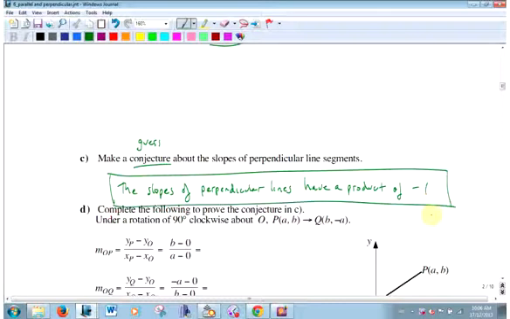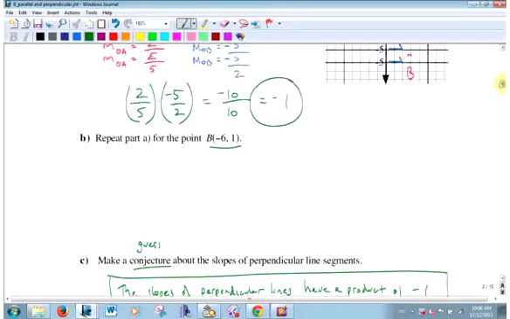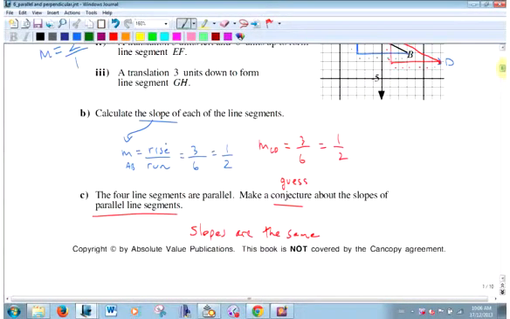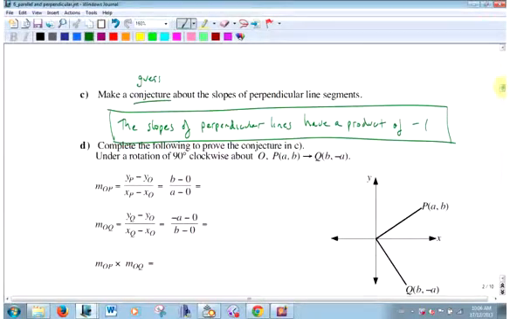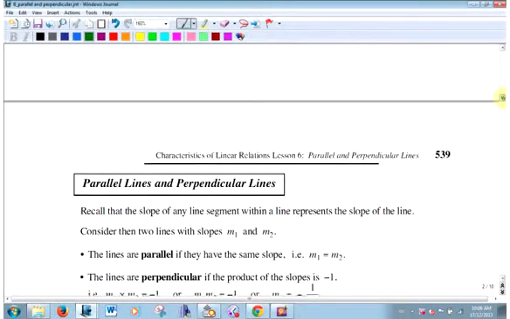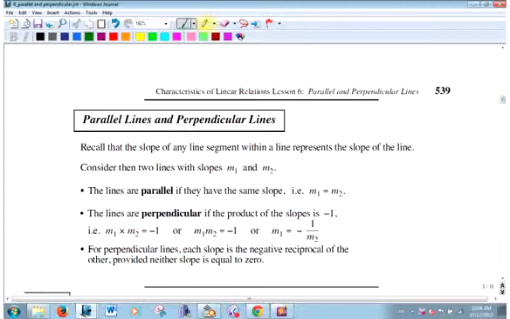So, always, always, always. Parallel lines, they have the same slope. Perpendicular lines, if you multiply them, you get negative 1. There's another way to say this. Here's our little box. Okay, so parallel lines have the same slope.